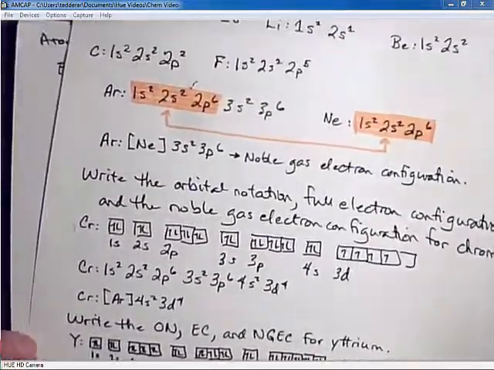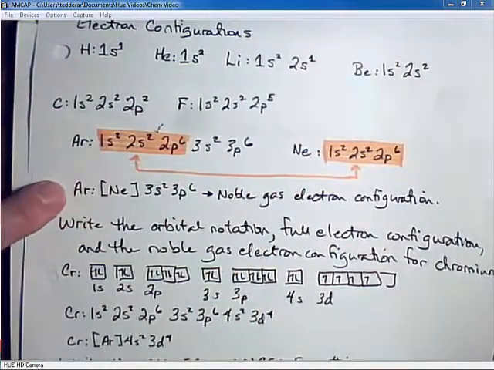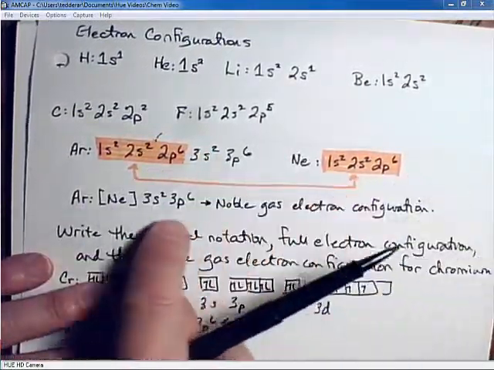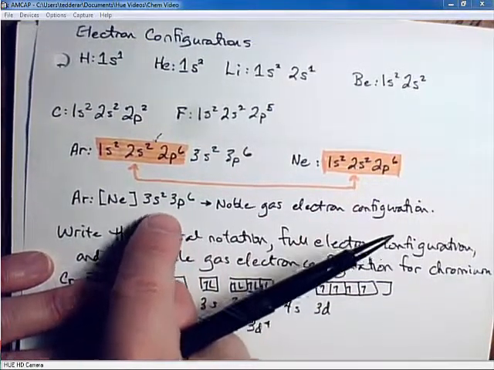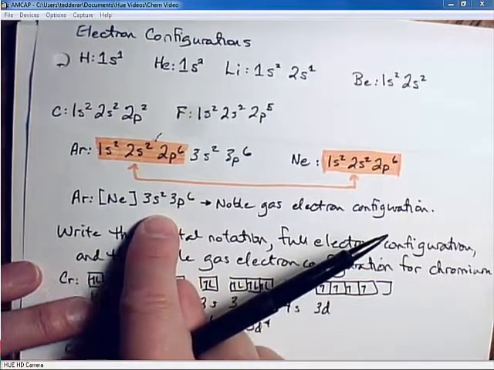So let's look at this one, since this is the one that I first used in the last lesson to show you how to do the shorthand or noble gas configuration. Let's look at the number of electrons here in this highest primary level.